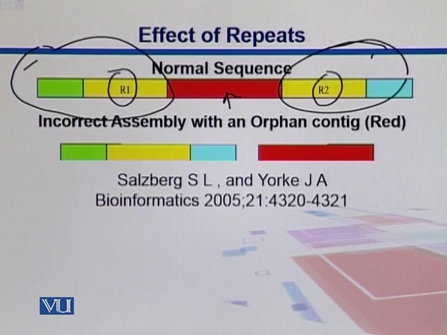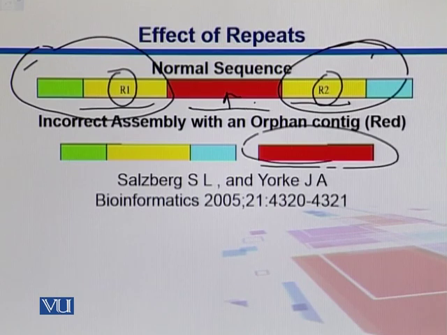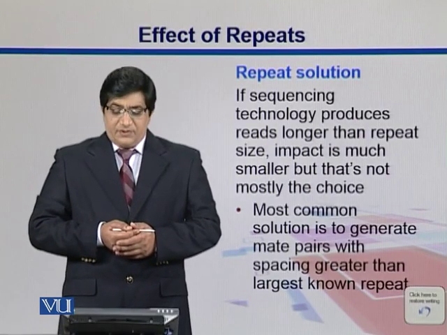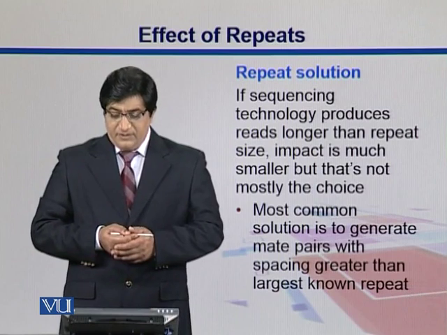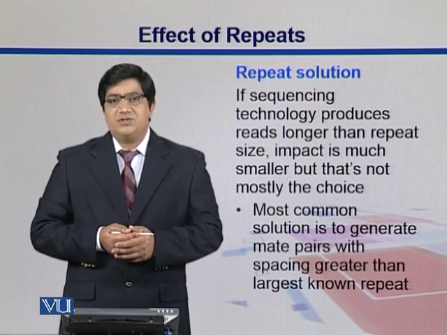Since this part is repeated, the reads are put together and the software might take these two segments as the same thing, and then we might skip this part right here, and it can stay as an orphan contig.